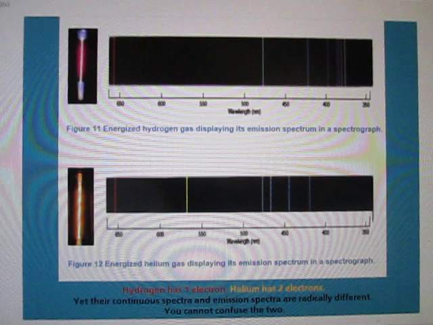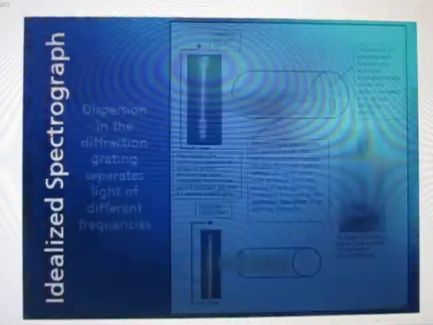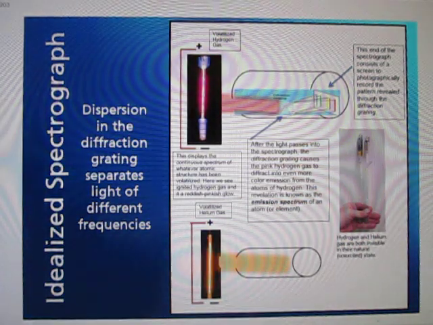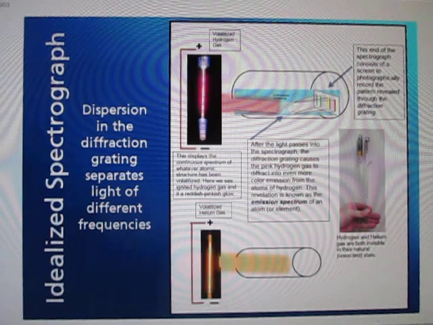But as my friend Dr. Quantum would say, when we apply a spectrograph and diffraction grating in the path of the continuous color spectrum, a whole new weird world of optical physics is open to us, what we call emission spectra. Review this figure to learn about the idealized spectrograph.